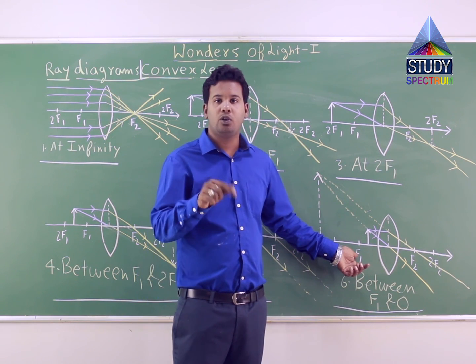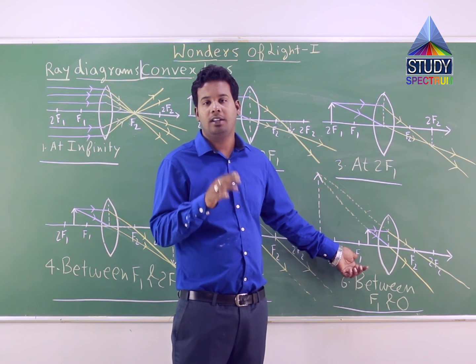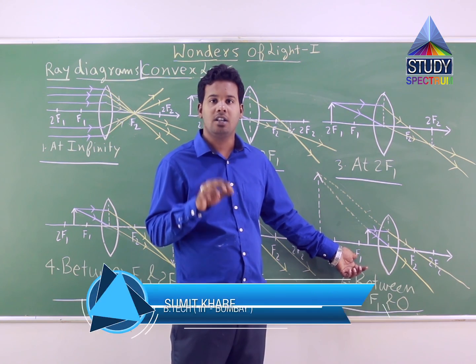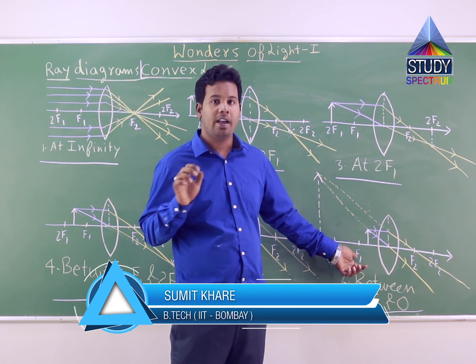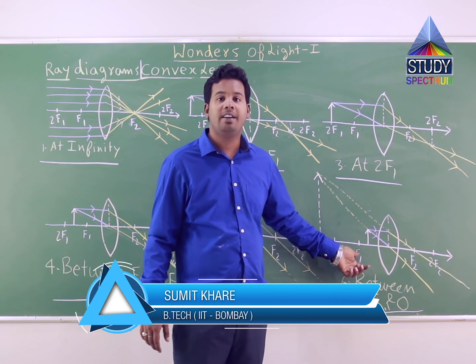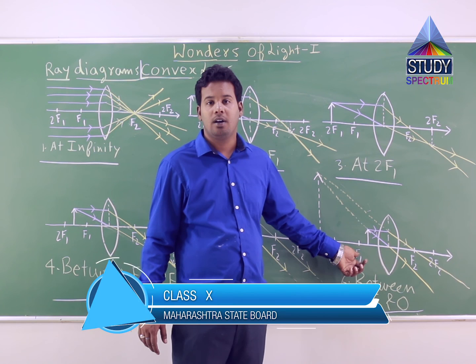And by substituting the value of u and f in the lens formula, that is 1 by v minus 1 by minus 2.5 is equal to 1 by 5, I got a negative answer. Correct? v is equal to how much? Minus 15.